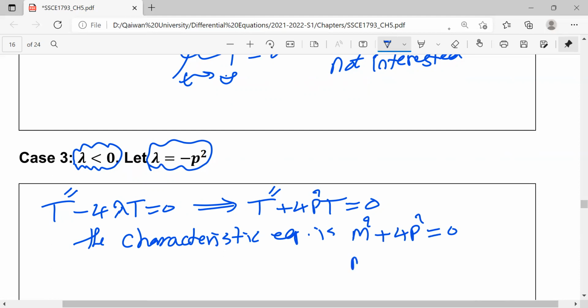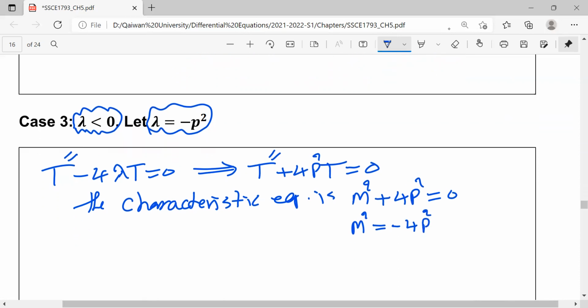Now we find m. We say m squared equals minus 4p squared, and m equals 0 plus minus 2pi. It's complex because it's negative. When we put it into a square root, we get a complex value.